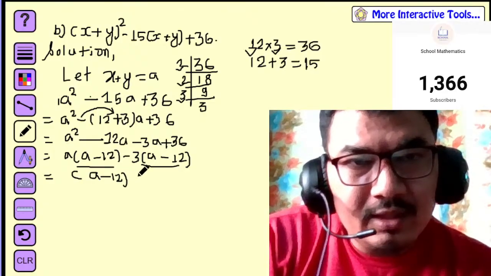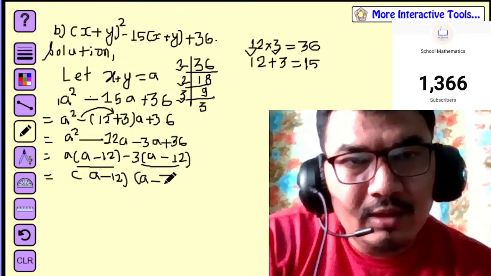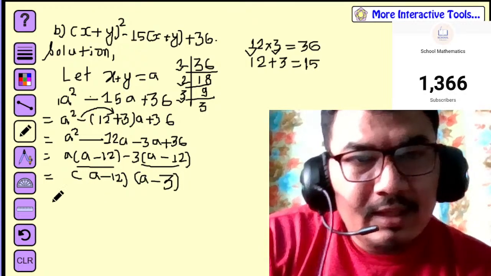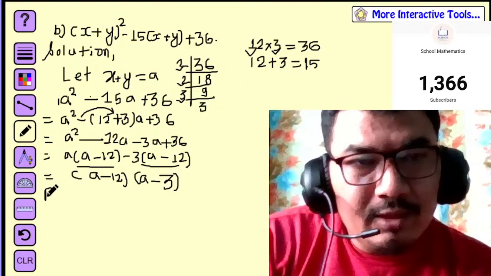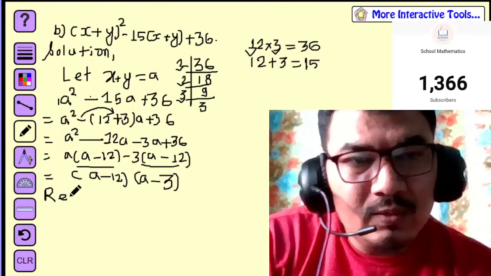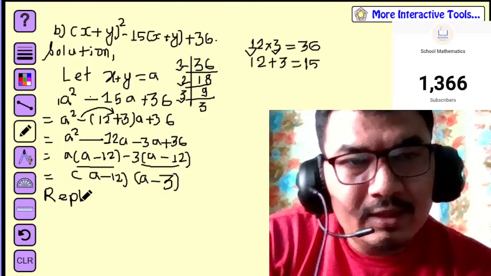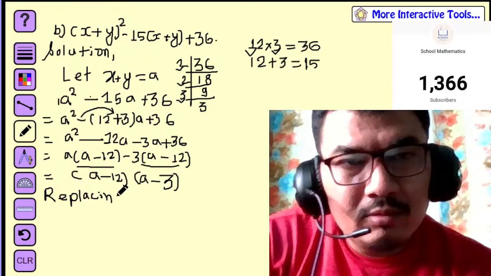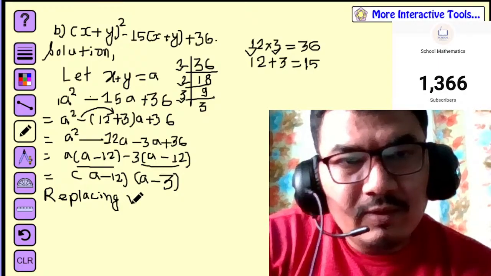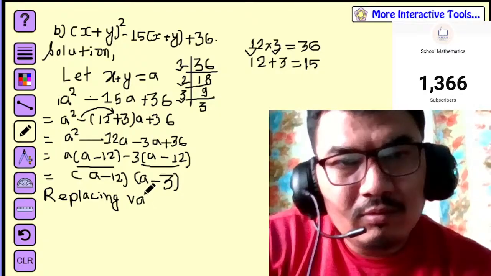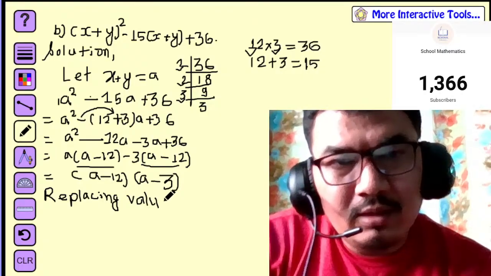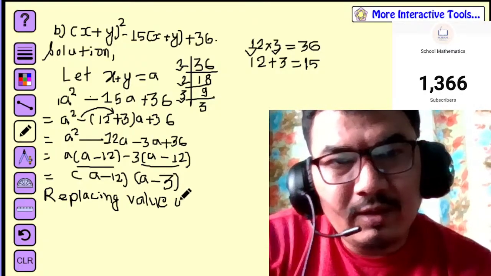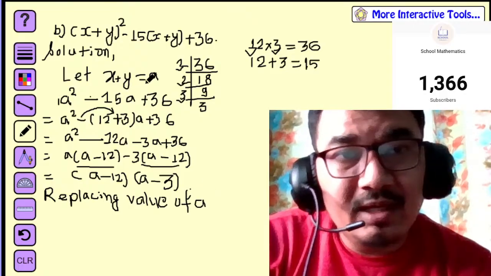And then what is still remaining? The next one is a minus 3. Now we have to replace the value that we had supposed. Replacing the value of a: what we supposed was a means x plus y.